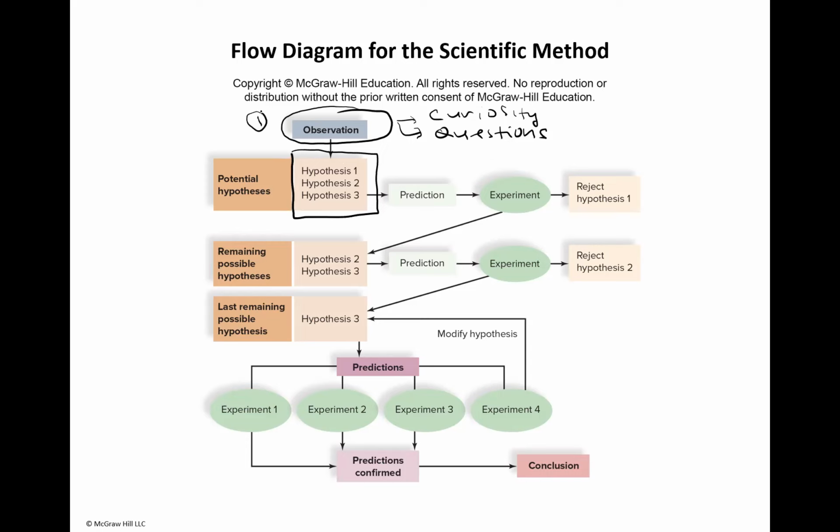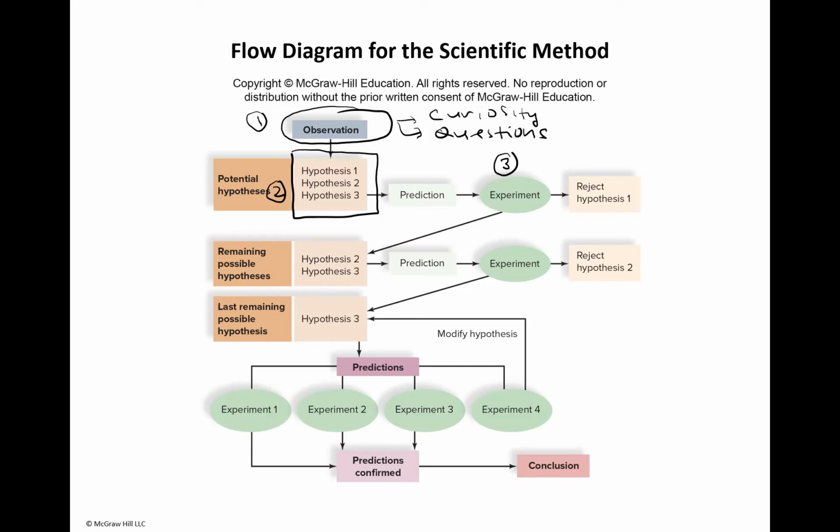So this is the first step, and the second step will be the hypothesis. From the hypothesis, we can also create a prediction. It can be the third step, or we can just continue with testing the hypothesis, which is the experiment. So it can be the third step over here.